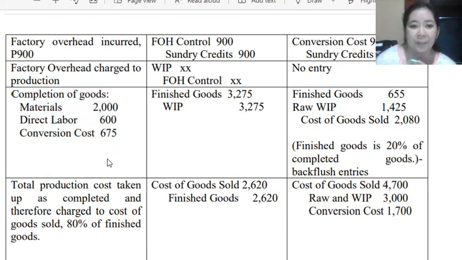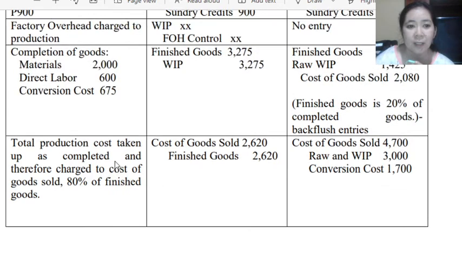Next, for total production cost taken up as completed and therefore charged to cost of goods sold, 80% of finished goods. In our traditional accounting, the entry is to debit cost of goods sold 2,620, which is 80% of our finished goods.